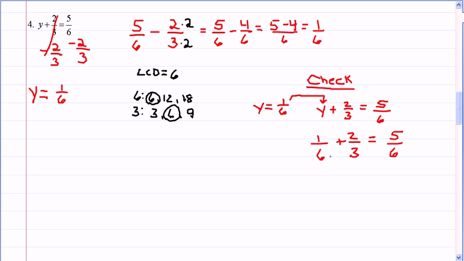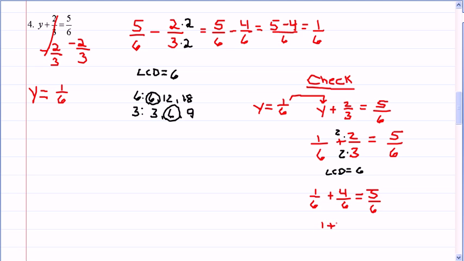I want to combine 1/6 plus 2/3, and the common denominator once again is 6, so I just multiply the second fraction by 2, so that I have 1/6 plus 4/6.